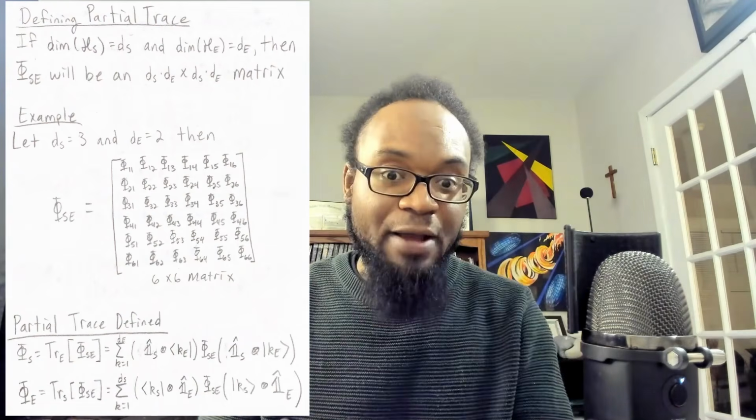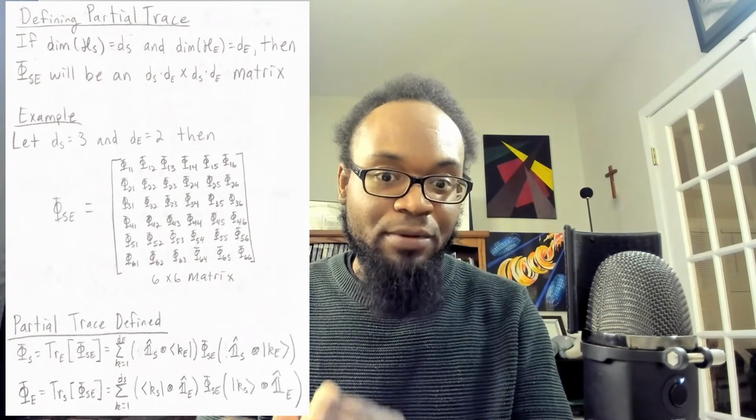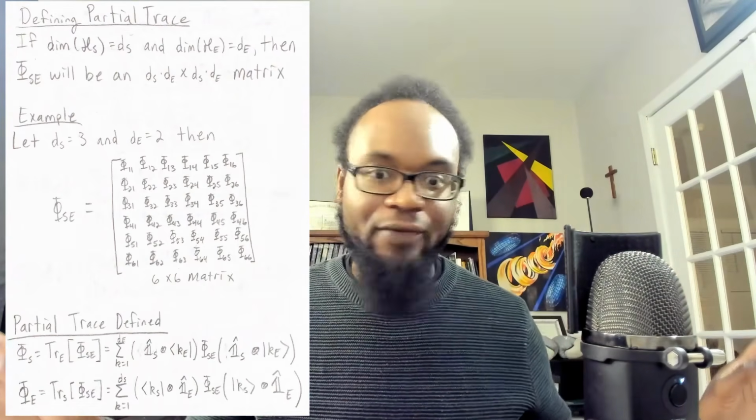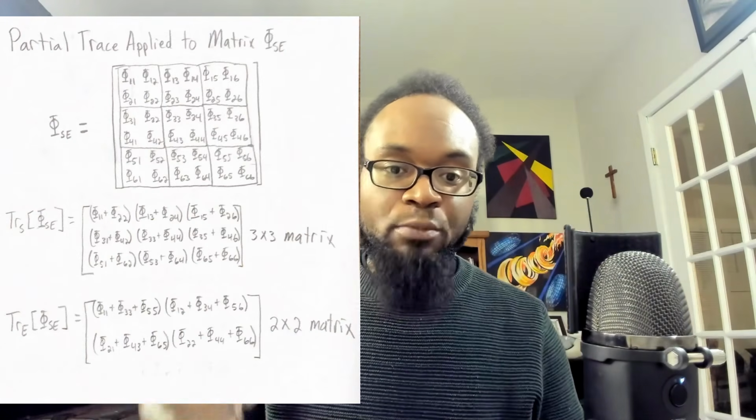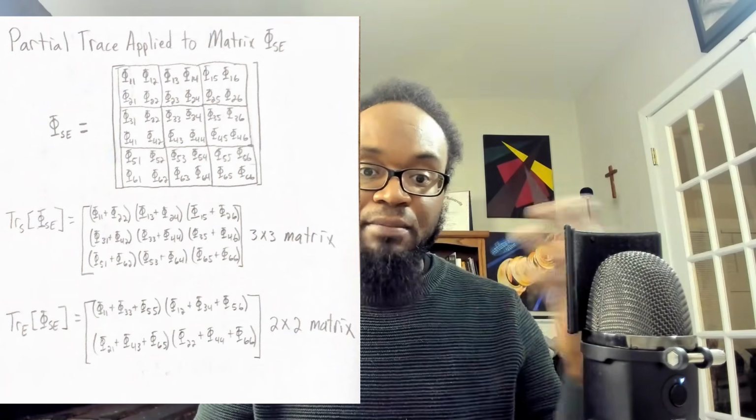If you have a density matrix that represents a composite system and you know the dimensions of the subsystems that make up the composite system, then you just mindlessly follow this procedure given a matrix. That's all you need to worry about. You take the matrix that represents the composite system and break it up into a bunch of submatrices. The way you break it up depends on the dimension of the system.